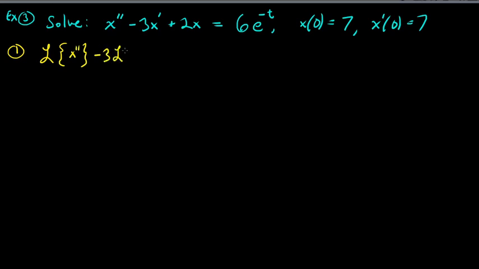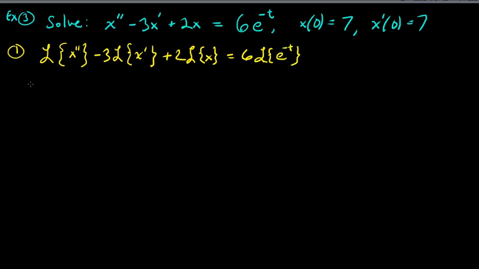Minus 3 times the Laplace transform of x prime, and then plus 2 times the Laplace transform of just x. And then that's going to equal 6, because that's a constant, times the Laplace transform of e to the negative t, which I hope you remember.